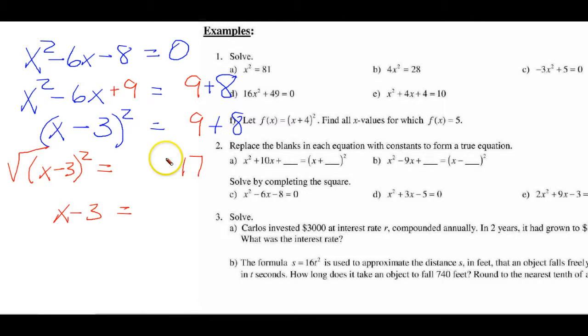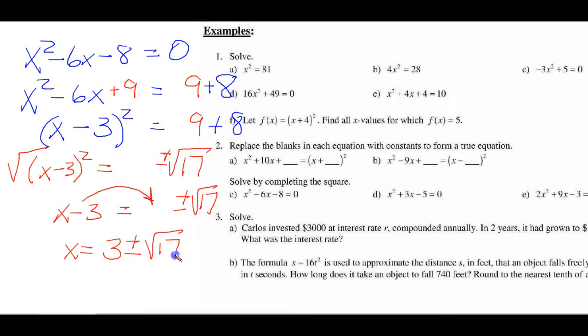And we take the square root of this side, and we get plus or minus the square root of 17. So what do we do now to solve for x? Well, we take our term from this side, transpose it, so we get x equals 3 plus or minus the square root of 17.